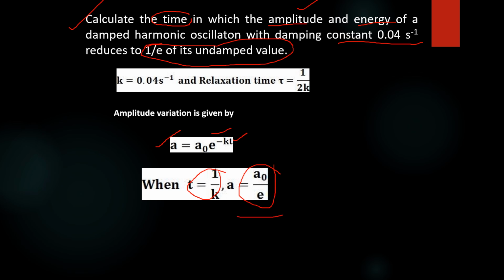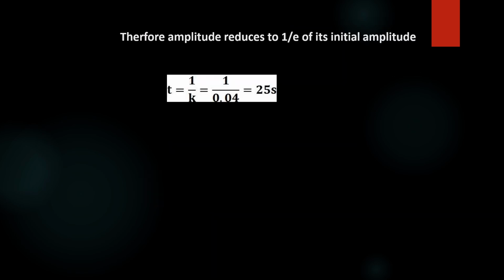So in order to calculate the time in which the amplitude reduces to 1 by e of its undamped value, you have to find t as t is equal to 1 by k. k, they have given it as 0.04. So t is equal to 1 by 0.04. You will get it as 25 seconds. So 25 seconds is the time in which the amplitude reduces to 1 by e times its initial undamped value.